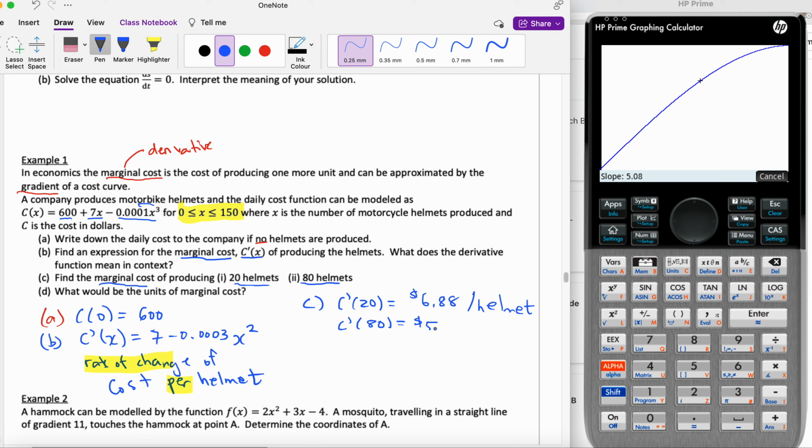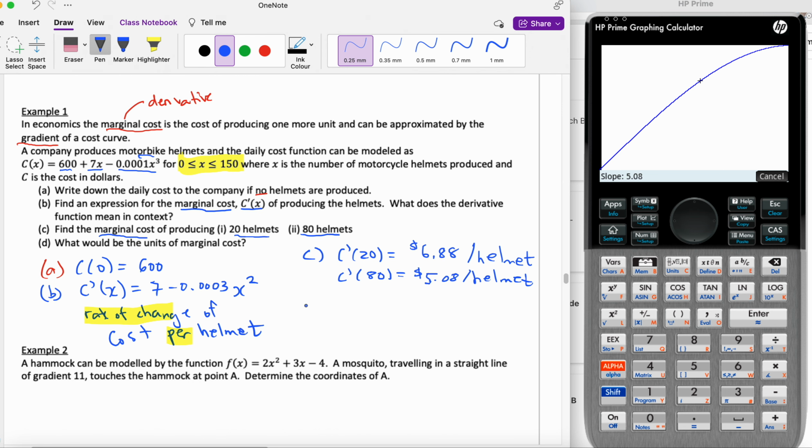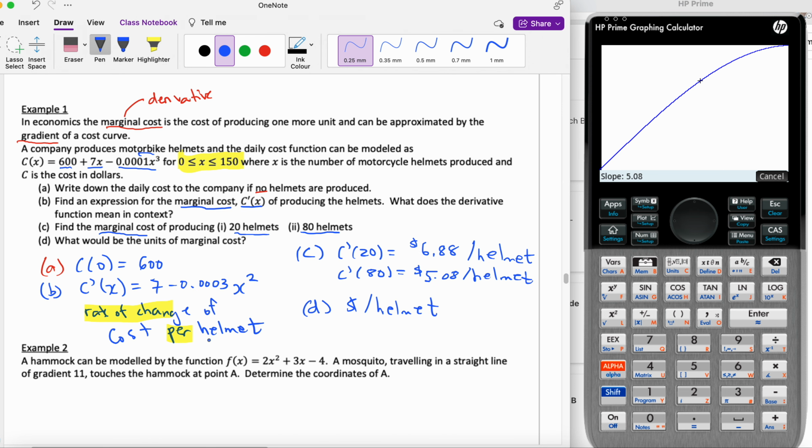This does also make sense, because the more you produce of something, the less per one unit your cost gets. You should know this from your economics class or from business, right? Good. What would be the units of the marginal cost? The marginal cost would be dollars per helmet. So this is not too bad.